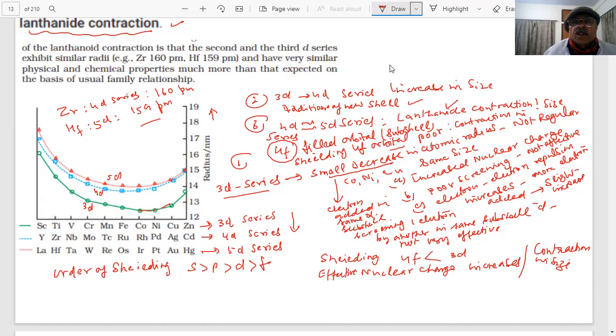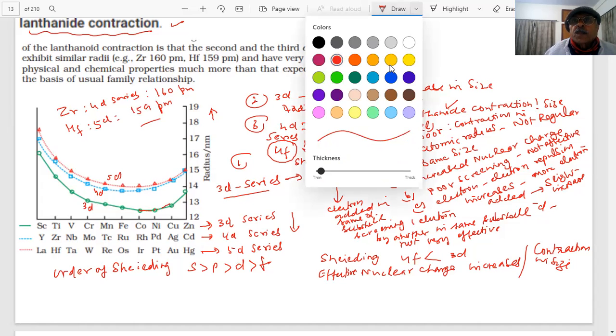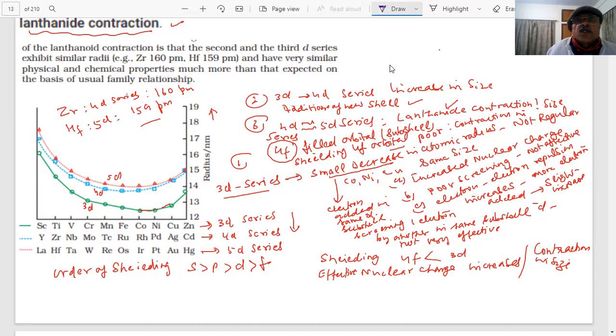A question has been asked in the paper. The question is: zirconium, an element of the 4d series, and hafnium, an element of the 5d series, show similarity in physical and chemical properties.